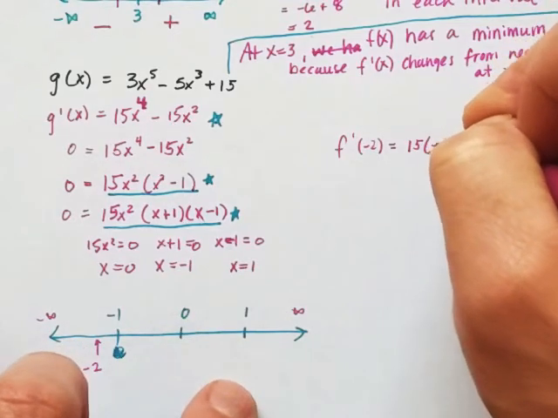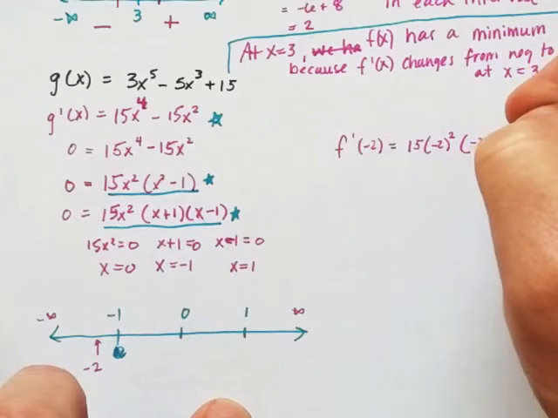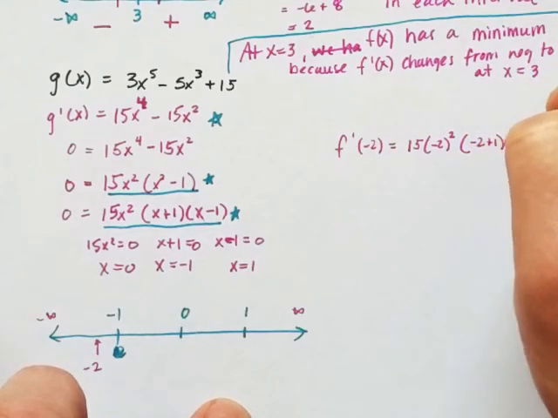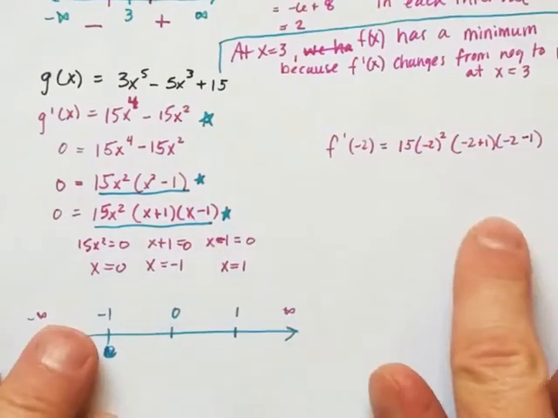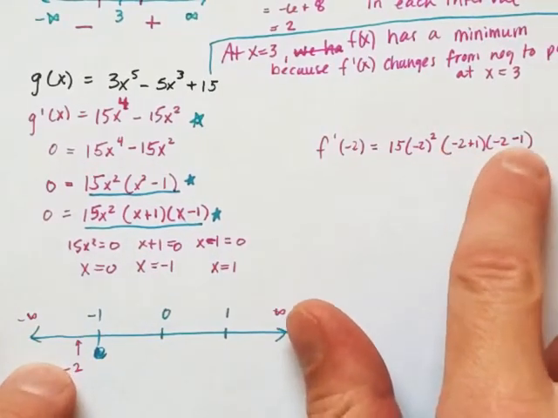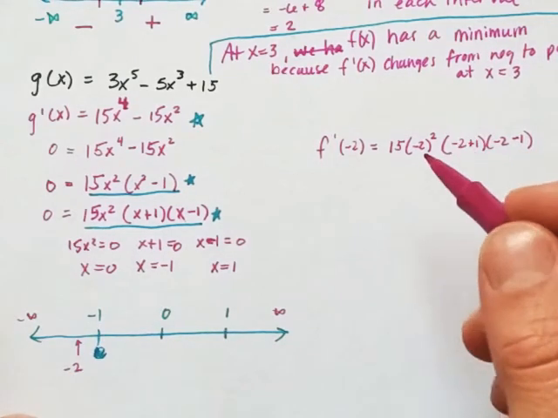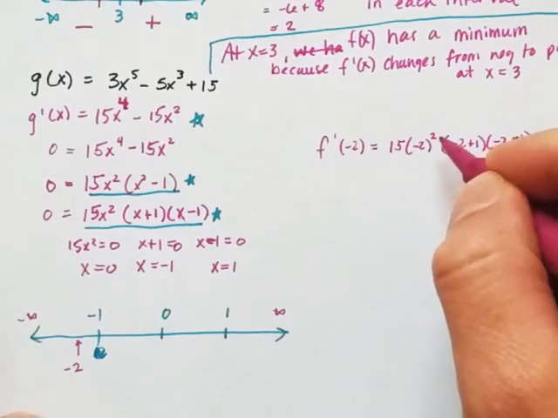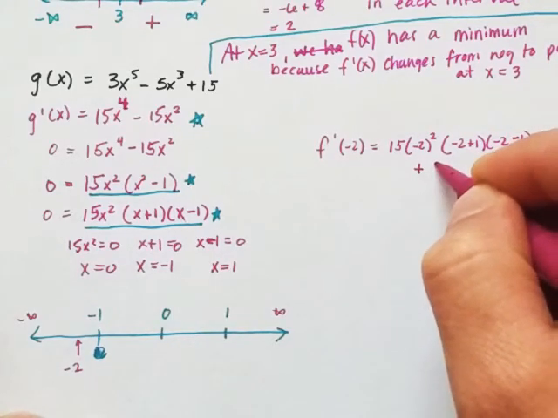So 15 times negative 2 squared, and then we're going to plug in a negative 2 for each x. And this is where it's nice that I'm using the factored form. I now only have to find the signs of each product and actually find out the sign of my answer. So in this case, think about what is a negative times a negative. Well, that's going to be a positive. So this whole thing is going to be positive here.